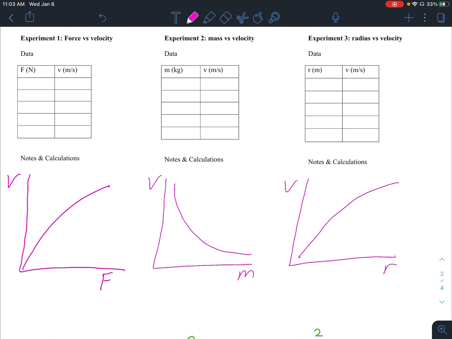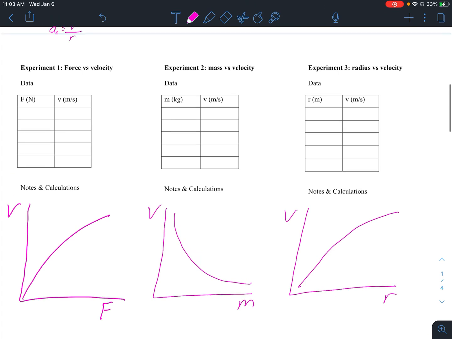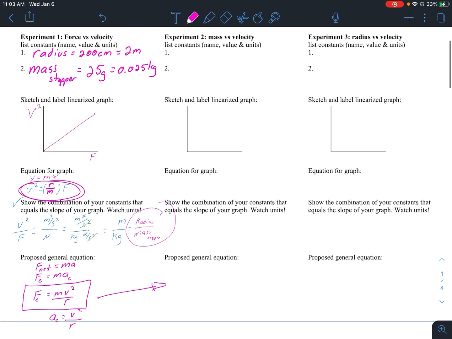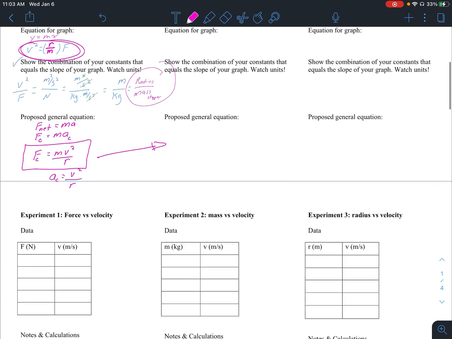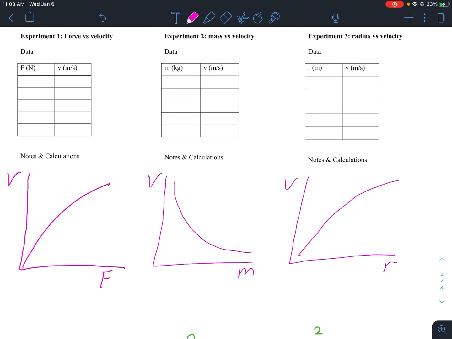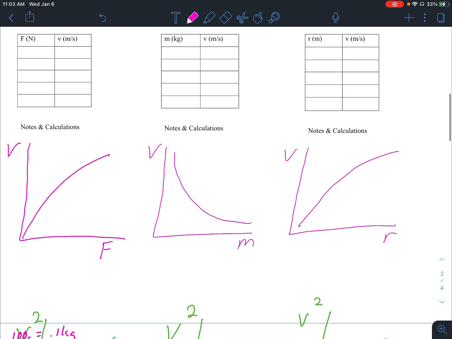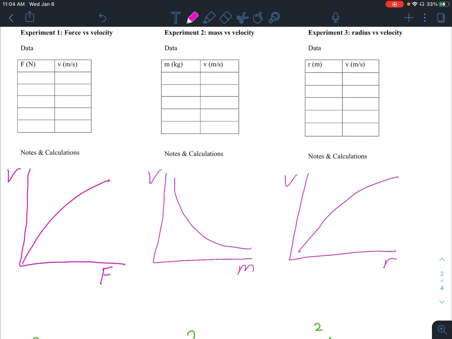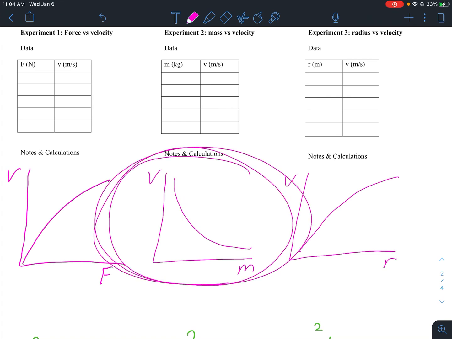Since the velocity versus radius looks just like that, we can just say we're going to square that y-axis, and radius will stay the same there. But for the middle one, we do have a curve, but it's also an inverse relationship. We want all of our graphs to be positive. Since it's curved for this graph, squaring the velocity will make it straight.